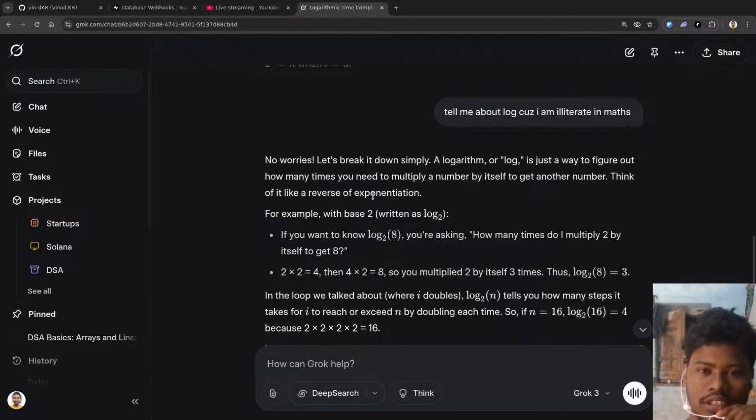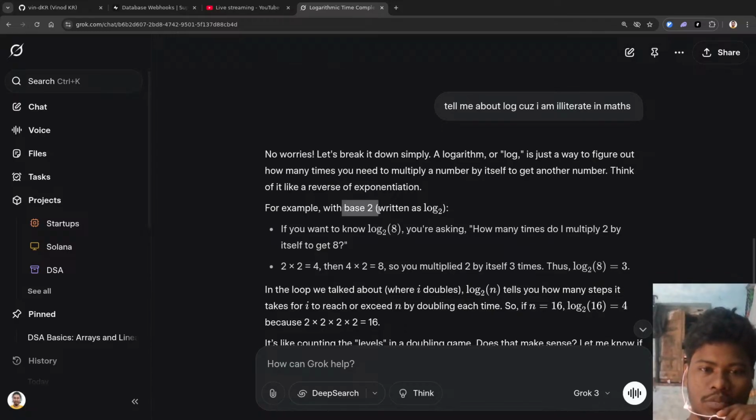A logarithm or log is just to figure out how many. For example, the base 2 returns log 2 of 8.